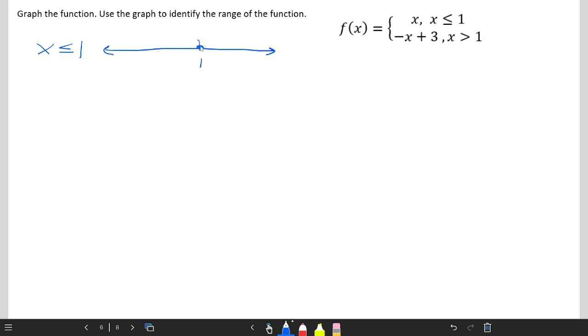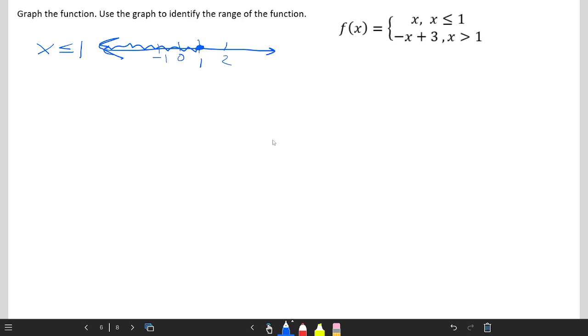I'm going to have a filled in circle or a bracket if you're doing it that way, depending on what notation your book uses. And then we're graphing everything to the left, right? Numbers like 0 and -1 would satisfy this, but 2 would not, right? So we're graphing everything to the left, and it's just going to keep going with an arrow.